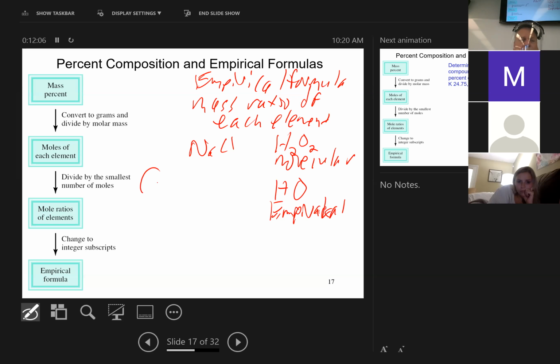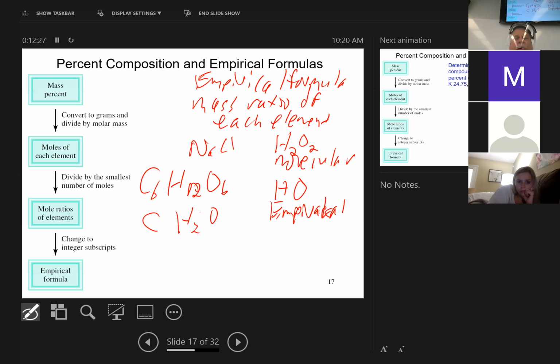Okay, C6H12O6. What's the empirical formula of that? Well, this is CH2O. What is the common factor? 6, okay?